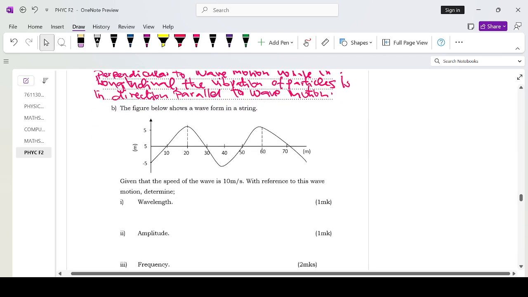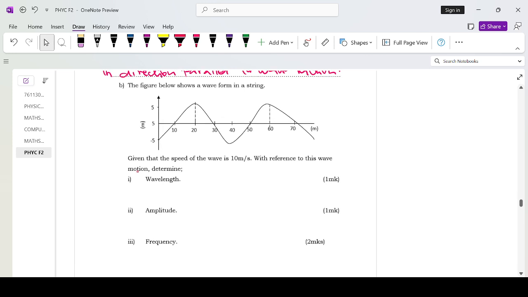The figure below shows a wave form in a string. Given the speed of the wave is this, with reference to this wave motion, determine the wavelength. What is the wavelength, learners? When you talk about the wavelength, this is the distance between two successive crests or two successive troughs.